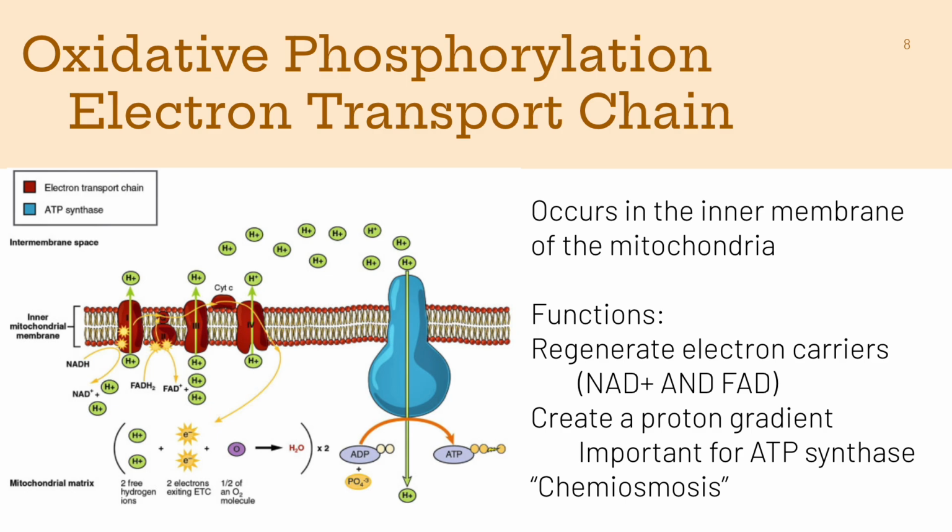All right, so there are our electron carriers, and they're going to help us through this process. They're going to share their protons to help us with our proton gradient.